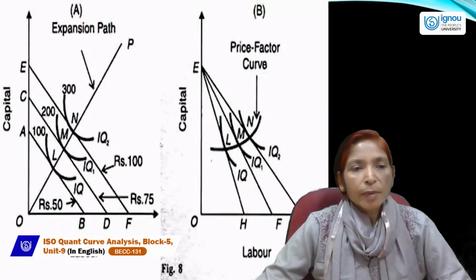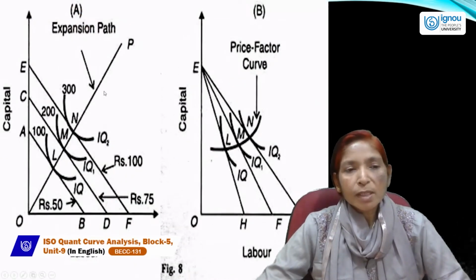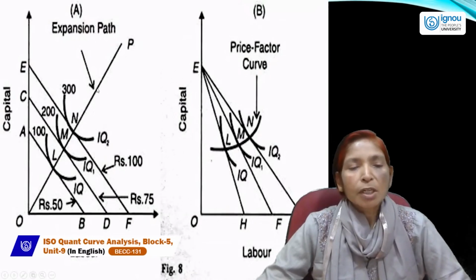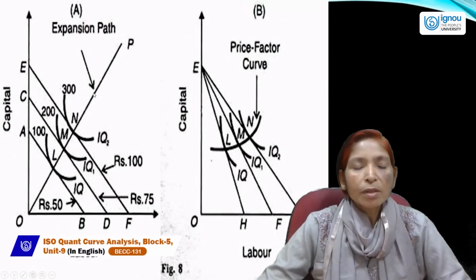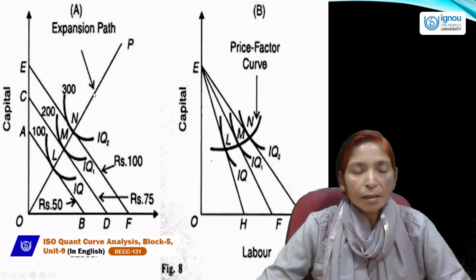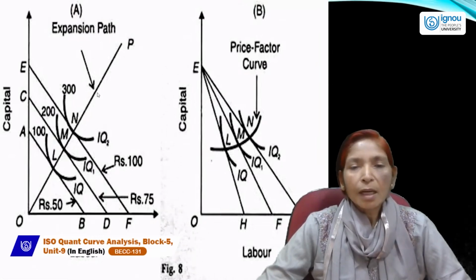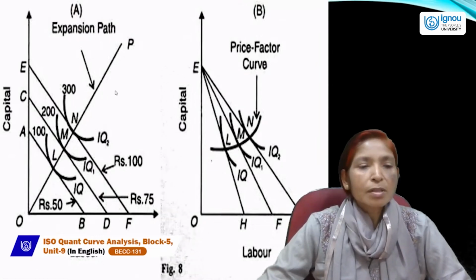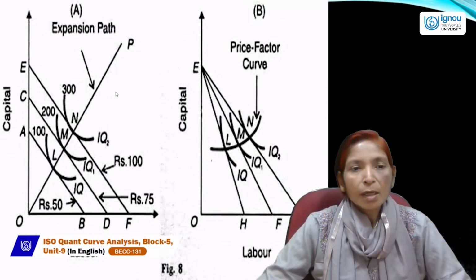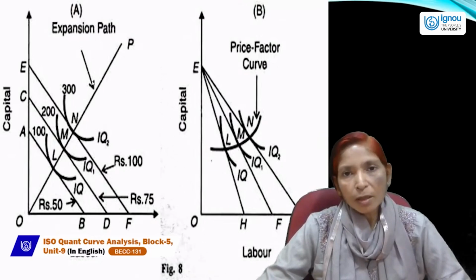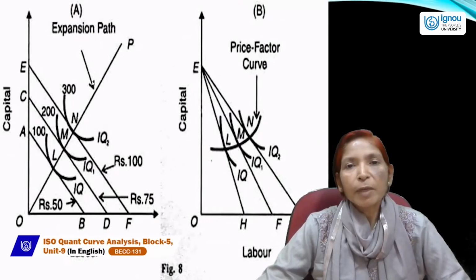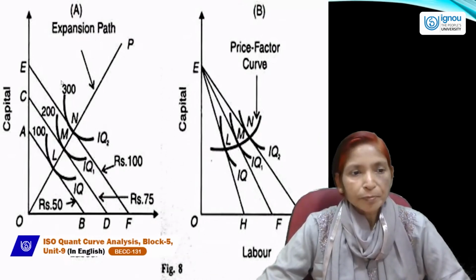Now next is the expansion path. Why do we use this expansion path? The expansion path can be used for differentiating between returns to scale and returns to factor, because both laws are applicable in different situations. Returns to scale is applicable in the long run and returns to factor is applicable in the short run.